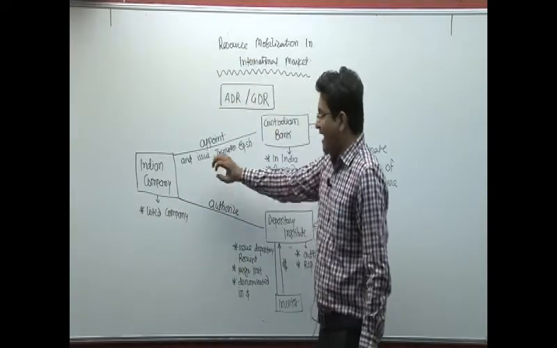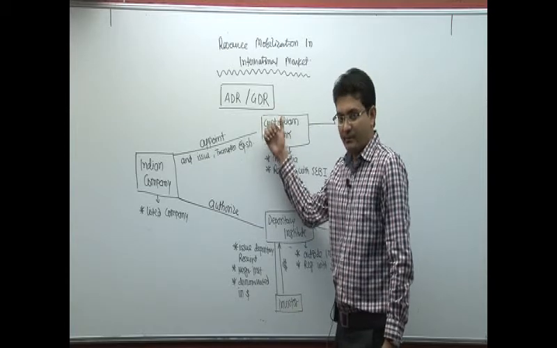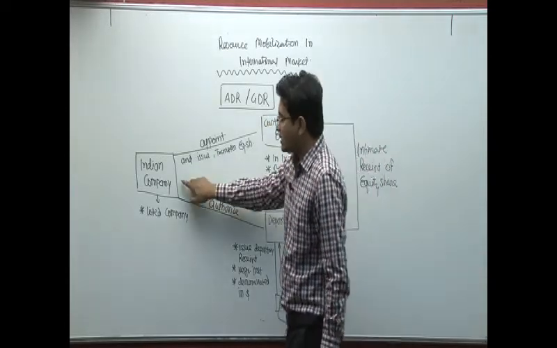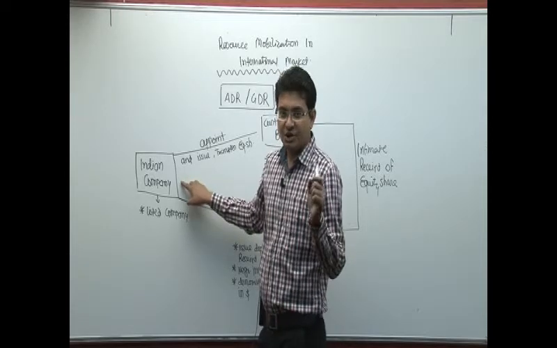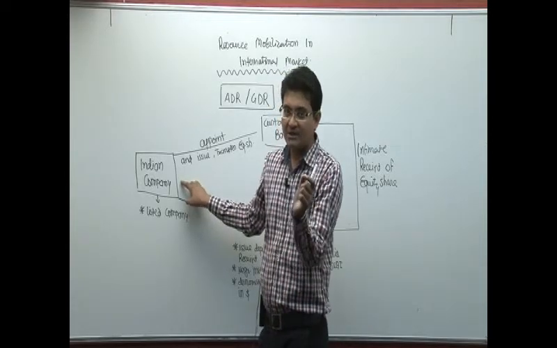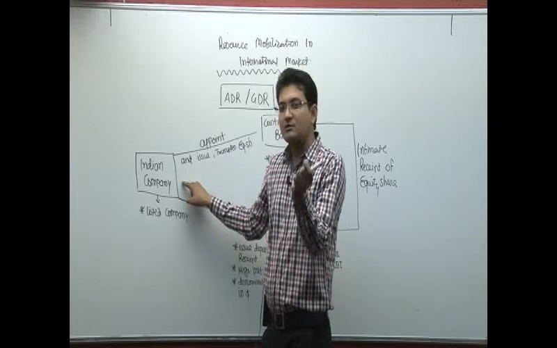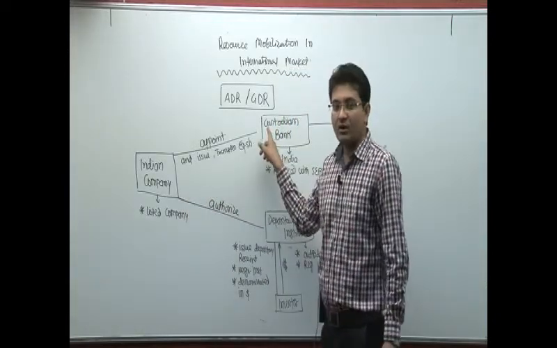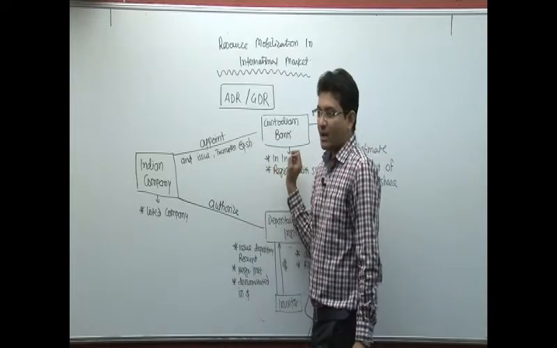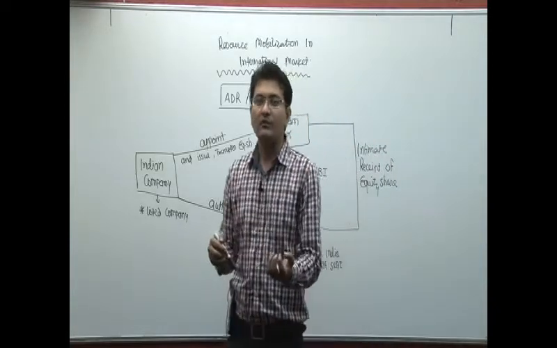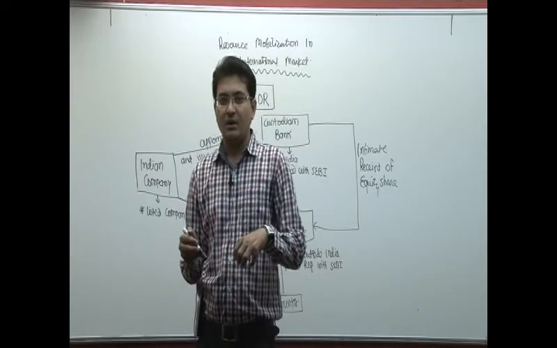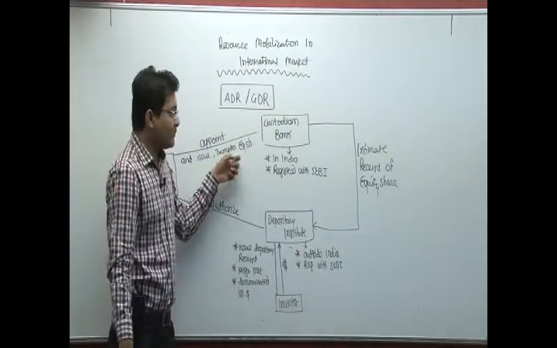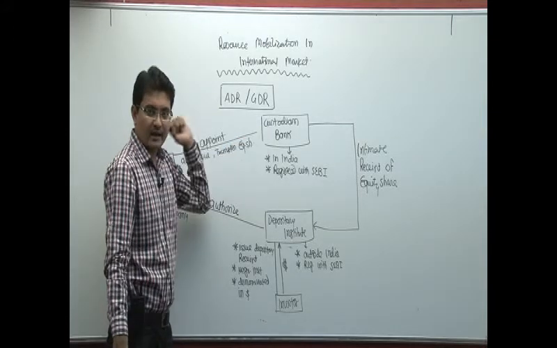Now, after appointment of the custodian bank and authority, the Indian company will issue equity shares and transfer the said equity shares in favor of the custodian bank. So, the physical custody of the equity shares issued will be given to the custodian bank.